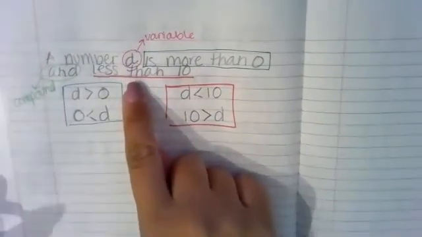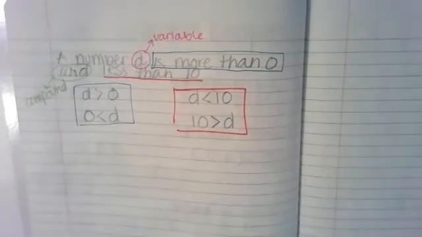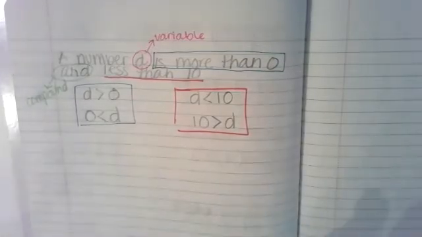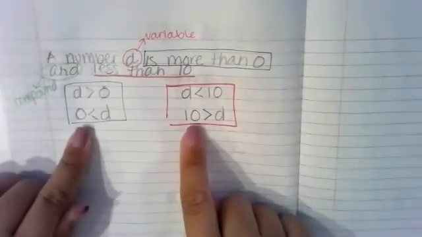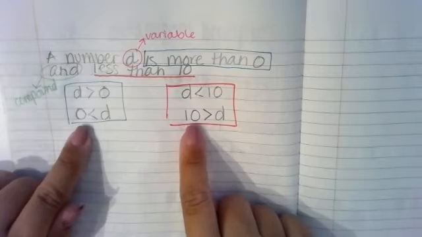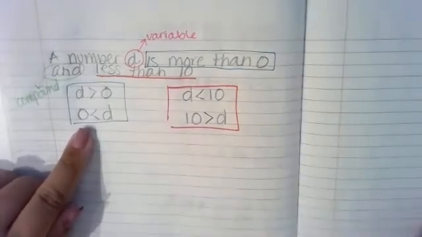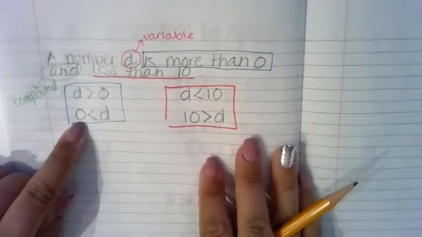Then when we look at this, we know that our inequalities need to be written from least to greatest. So I need to identify out of 0 and 10, which one's the smaller one? I'm hoping we can identify that 0 is the smaller one, right?